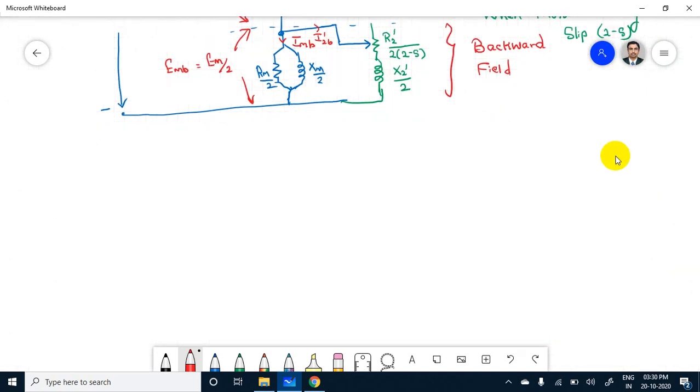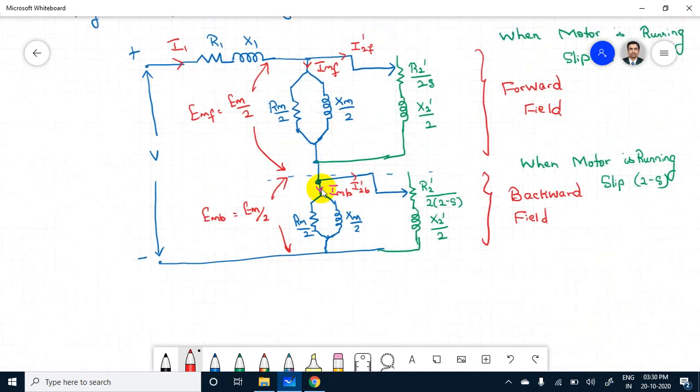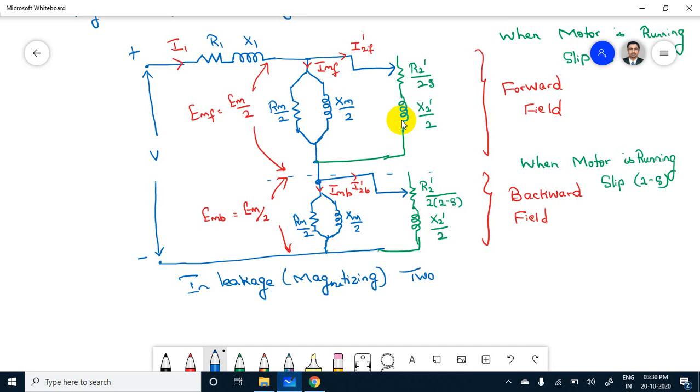Okay, now when you see this diagram, in the leakage and magnetizing effect, two types of losses are present.